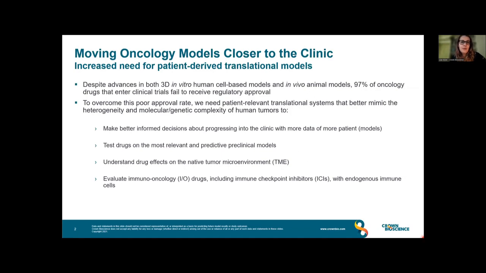The aim for Crown Bioscience with launching this new technology is to move oncology models closer to the clinic. There is an increased need for patient-derived translational models because, despite advances in both 3D in vitro human cell-based models and in vivo animal models, currently 97% of oncology drugs that enter clinical trials fail to end up being approved for use in the clinic.